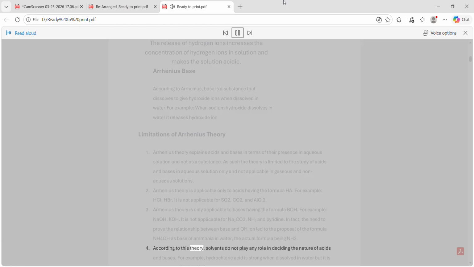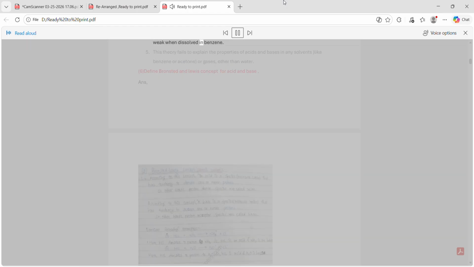According to this theory, solvents do not play any role in deciding the nature of acids and bases. For example, hydrochloric acid is strong when dissolved in water, but it is weak when dissolved in benzene. 5. This theory fails to explain the properties of acids and bases in any solvents like benzene or acetone, or gases, other than water.